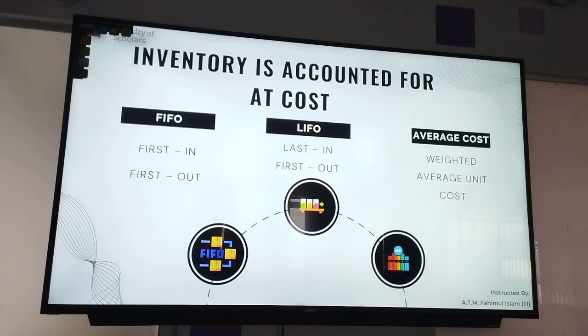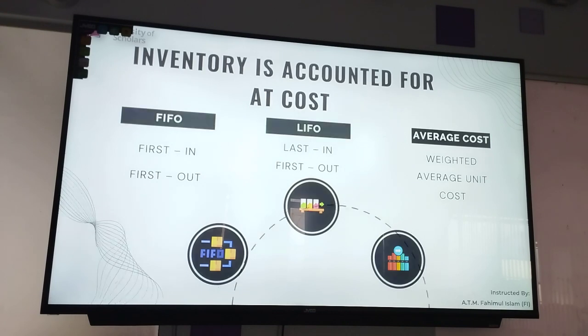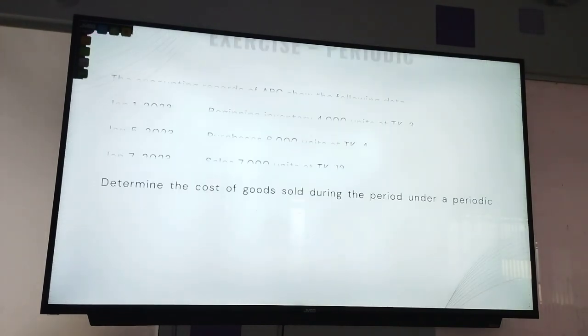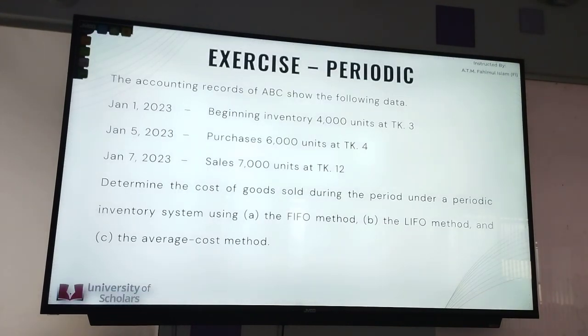We just average them, make an average rate, and we multiply it with the sales to determine the cost of goods sold. So we will be doing a math today on the periodic cost, and we'll be concluding today's session after completing this math.